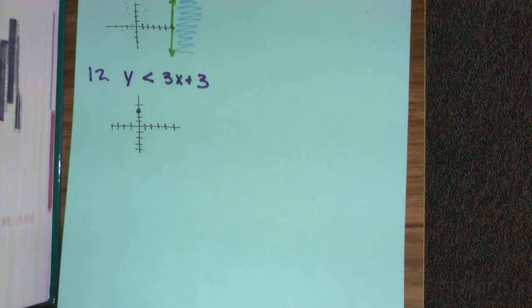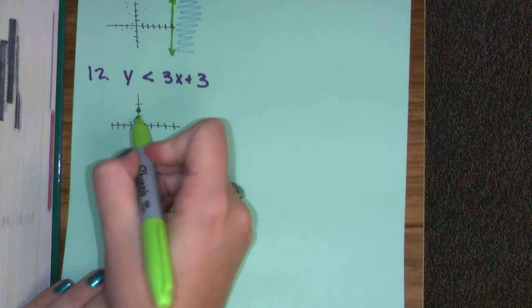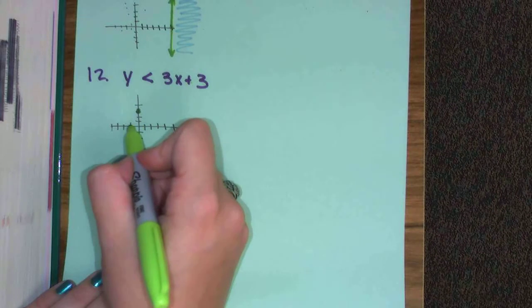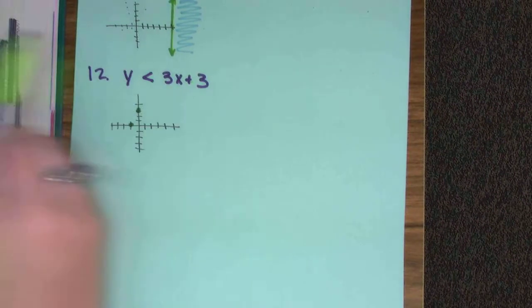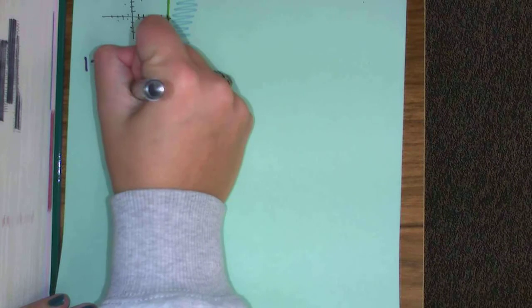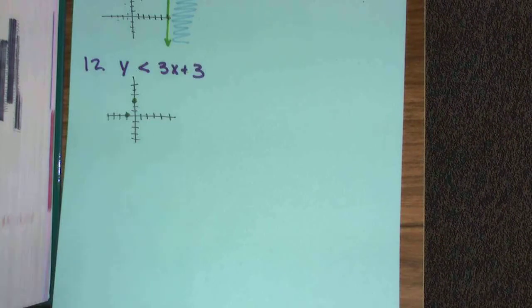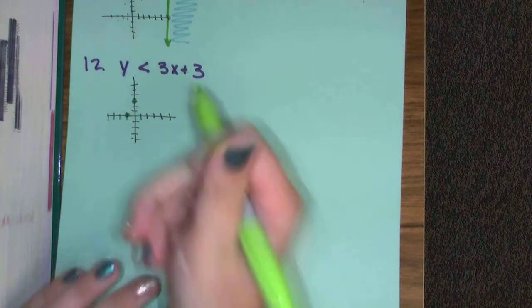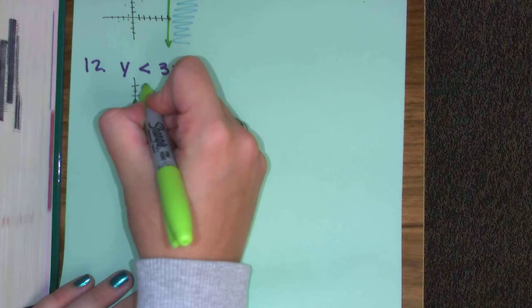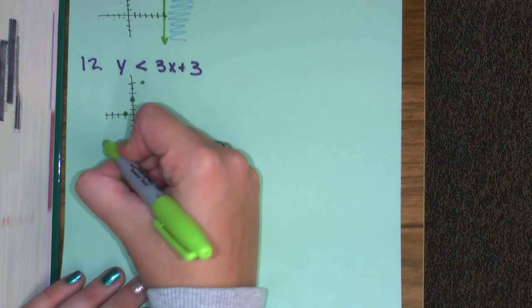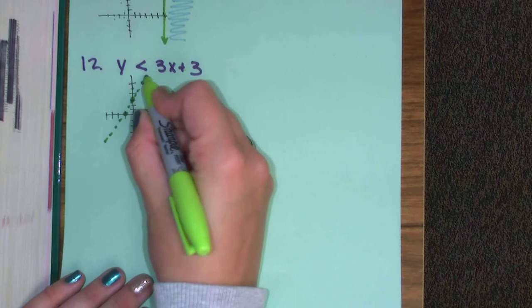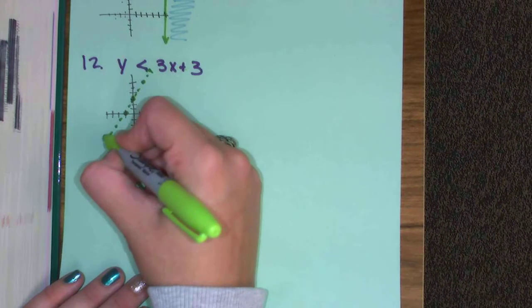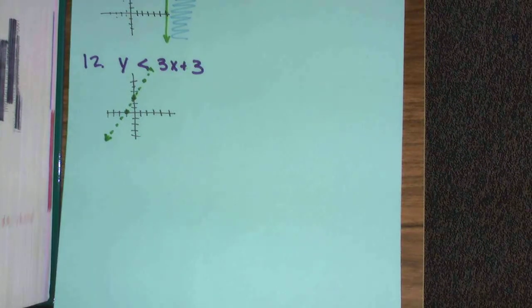And my slope? Yeah, I can go up. Hold on. And it's dotted. Okay, so if you do choose to do this in colors, make sure you pay attention to that when you're graphing it.